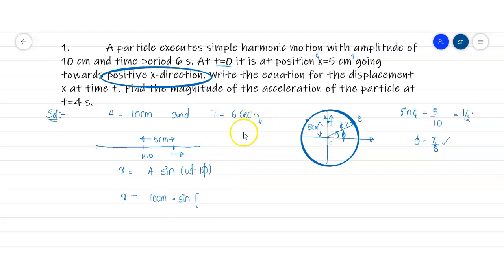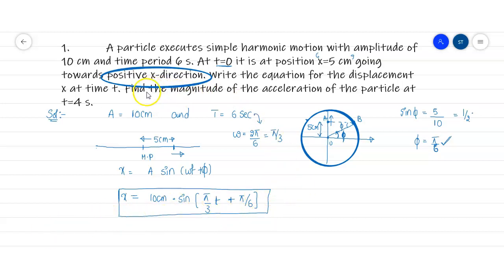If time period is given, we know that omega can be written as 2 pi by T. So this will be equal to 2 pi by 6, which is pi by 3. So x is equal to 10 sine(pi by 3 t plus pi by 6), where phi is pi by 6, which we have just calculated. Right. So this is the expression for the displacement of the particle with time.